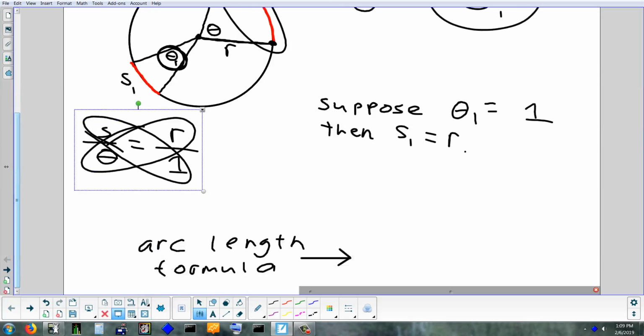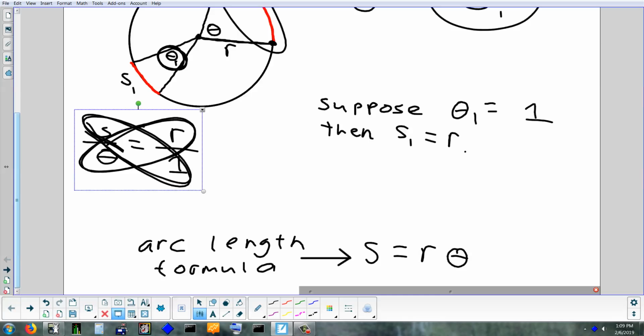Do you still want the S in the equation? Yeah. So what does that come out to? S times 1 is just S. And then the other part, R times theta. Well, we don't know what R and theta are, so we just write R times theta. Now we've got an equation that says S equals R theta, and that's the equation to find the length of an arc.